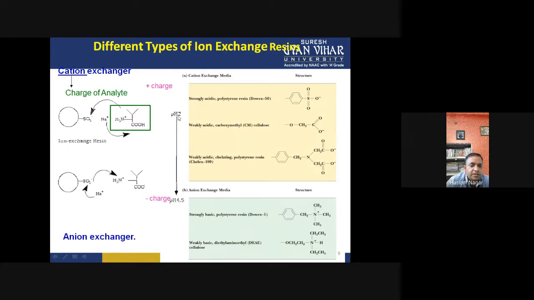At pH equal to 2, meaning in the acidic medium, right? If you talk about a higher pH value of 4.5, this compound remains in the form of both positive and negative charge, just like neutral.